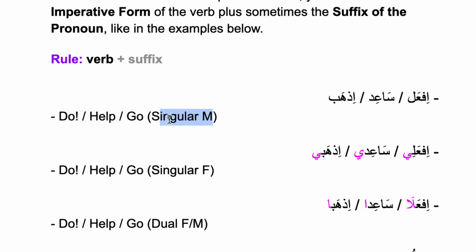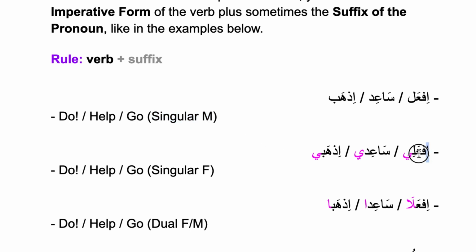So, if'al means do. The second example, sa'id, and it means help. So you are telling the second person, anta, to help. Idhab means go. Also the same, you are telling the second person, anta, to go.